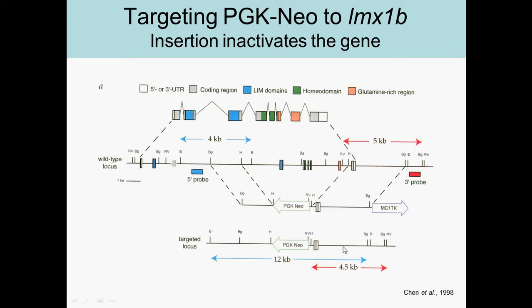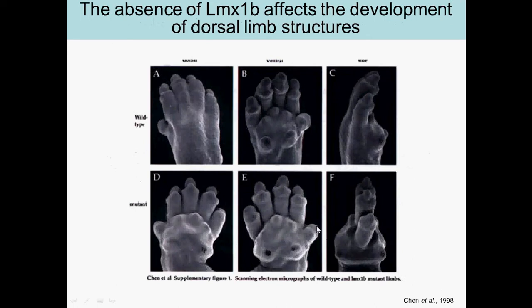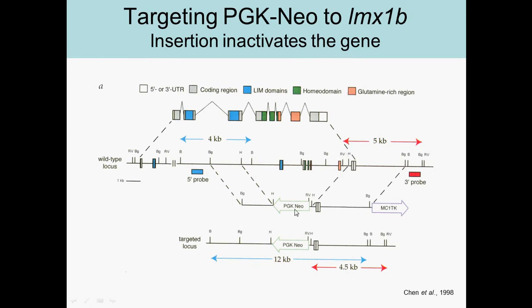And you do the same thing as back over here, and then it's going to recombine, and you're going to replace this gene with your gene, and you're going to select for the one that's been homologously recombined, and then you get this, and then the mutation you caused will give you this abnormality in limb development. That's the wild type. That's a mutant that you created by changing the DNA sequence.